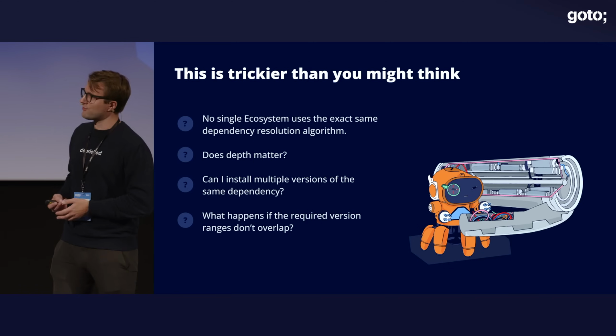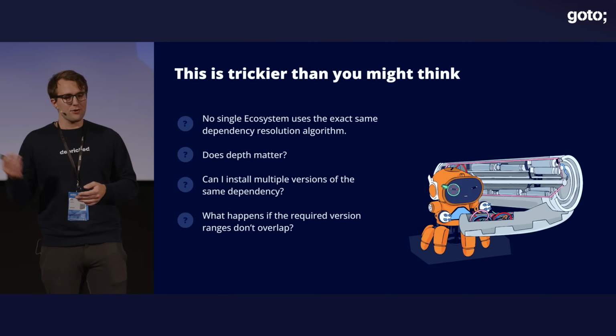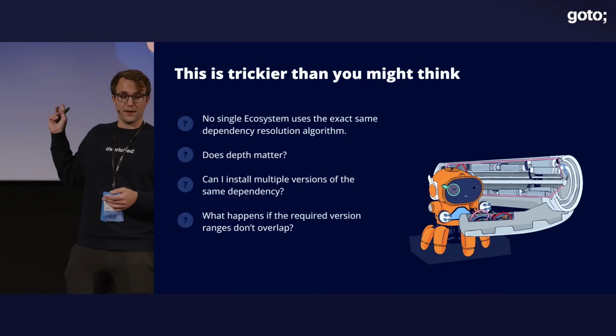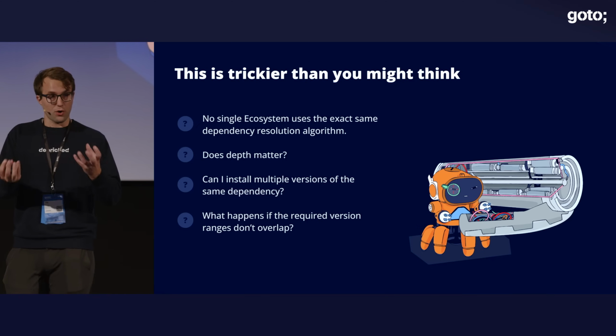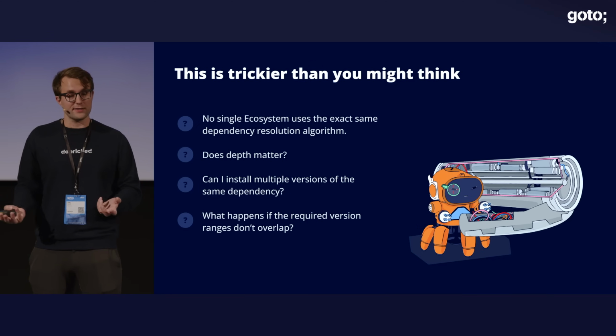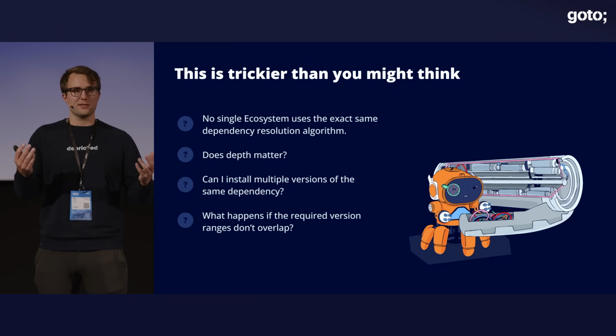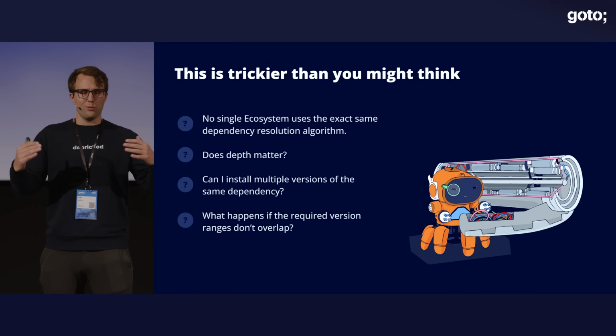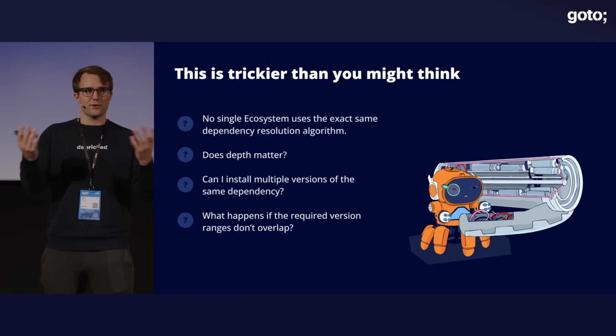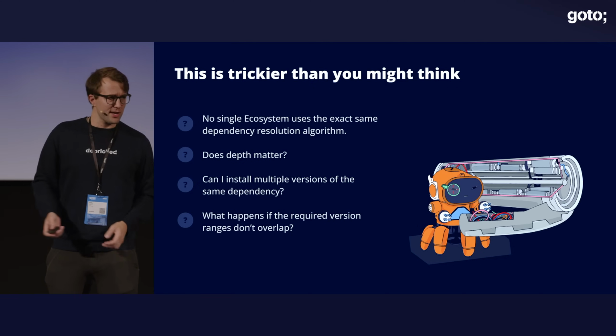So I think we should do a community review here, looking at if depth matters, for instance, and also at whether you can install multiple versions of a single dependency, and what happens if you don't have overlapping version ranges down in the tree. Will it break? Will it install more versions? Will it pick one? Which one does it pick? And so on.